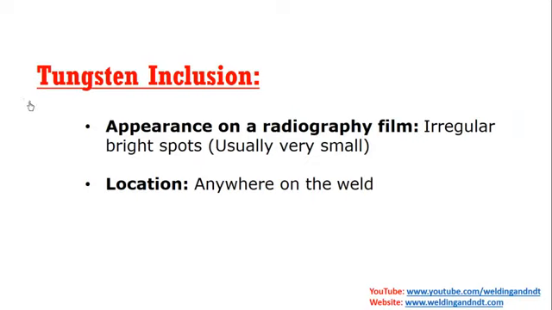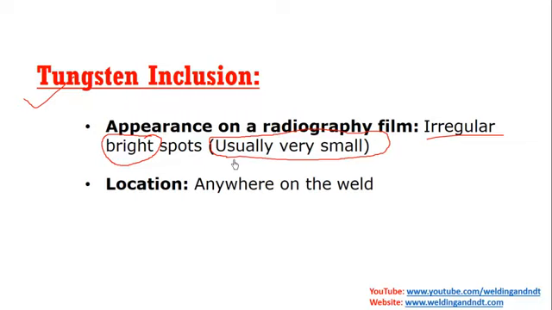Now tungsten inclusion. See, sometimes in TIG welding, the tungsten electrode gets stuck into the molten weld pool, and that forms the tungsten inclusion. These are very irregularly shaped bright spots. They look very bright, white, and are usually very small, almost 0.5 to 1 mm.